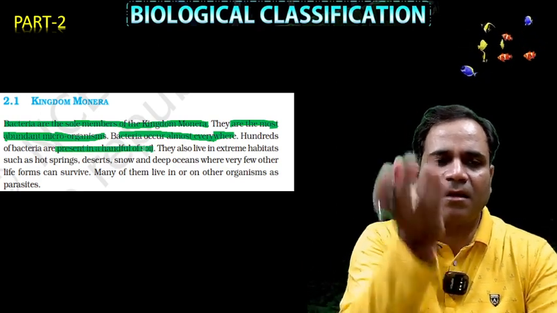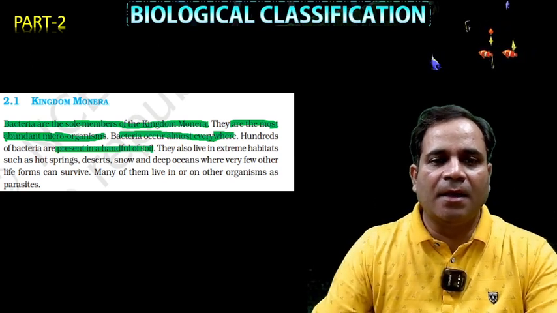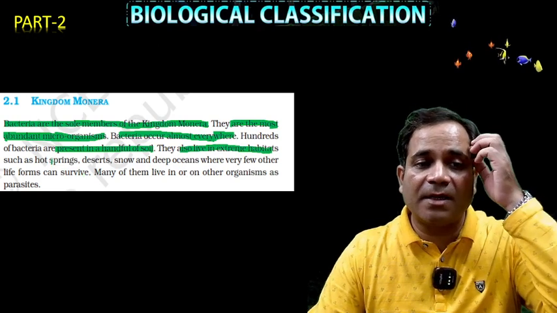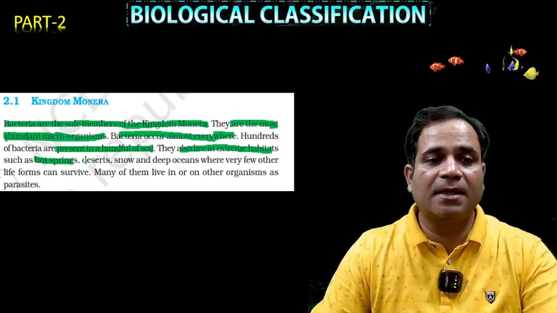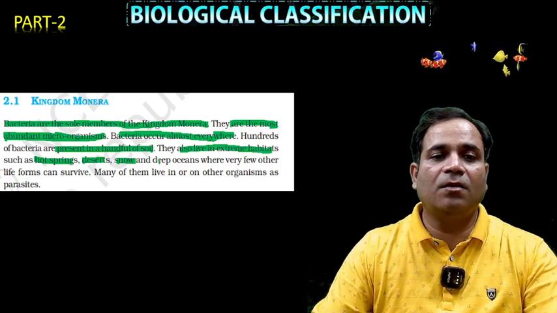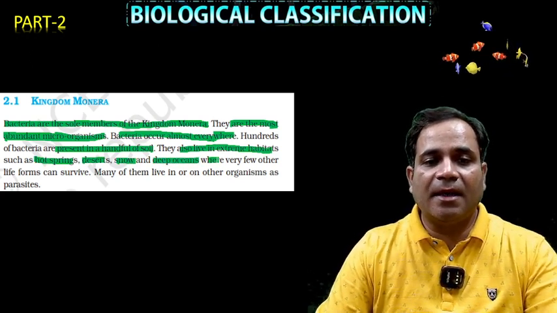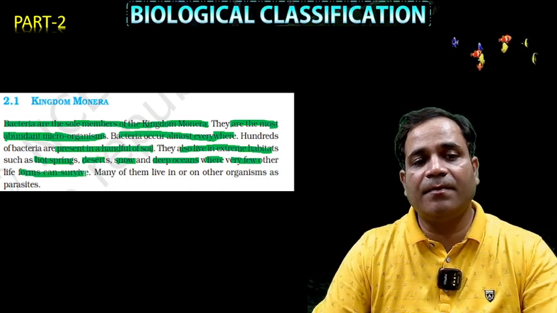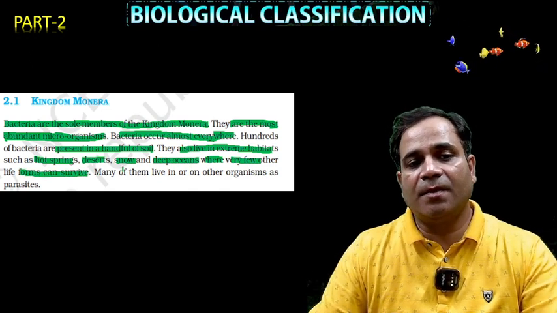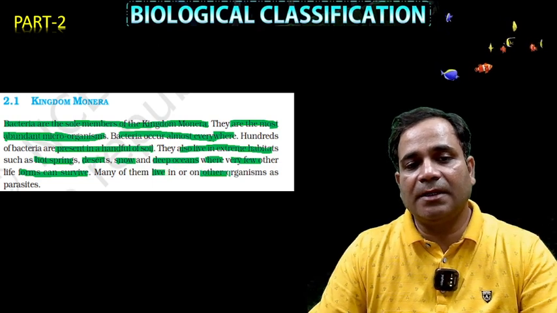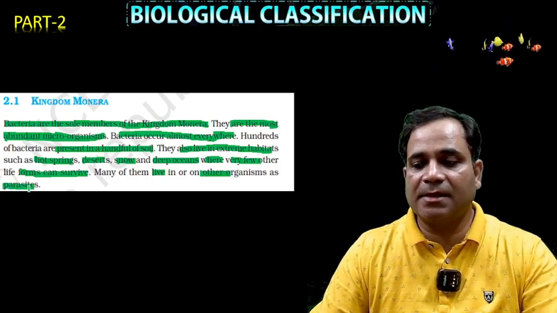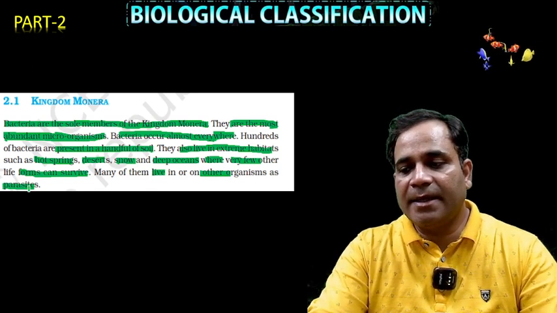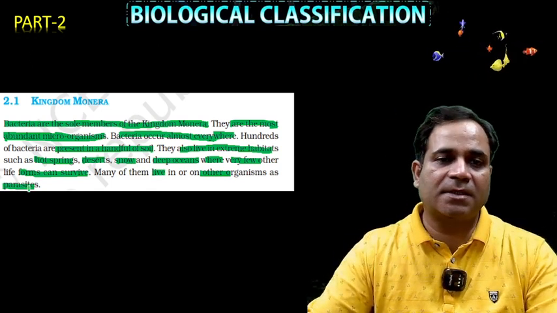They also live in extreme habitats: hot springs, deserts, snow, deep oceans, where very few other life forms can survive. In those very places, bacteria can also live. Many of them live in or on other organisms as parasites. Clear? Yes or no? Tell me first.